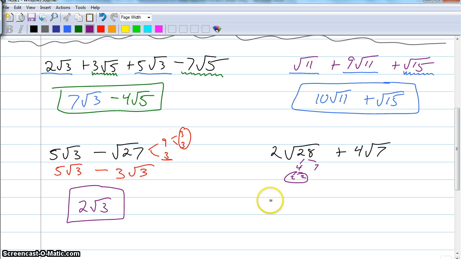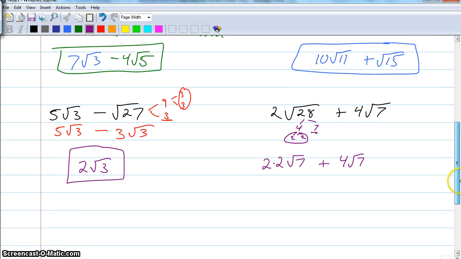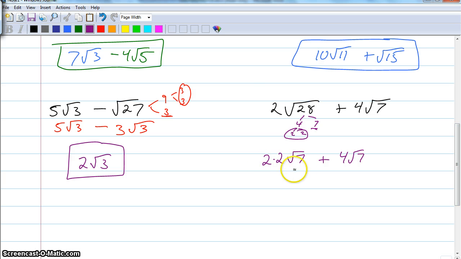But remember, there was already a 2 outside to begin with. So 2, then this 2 comes out. 7 got left behind. Plus 4 root 7. So what is 2 times 2 root 7? That would be 4 root 7 plus 4 root 7. I got 4 of these root 7 things, 4 of these root 7 things. 8 root 7 would be our final answer.